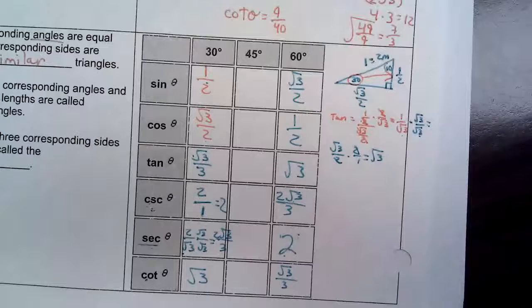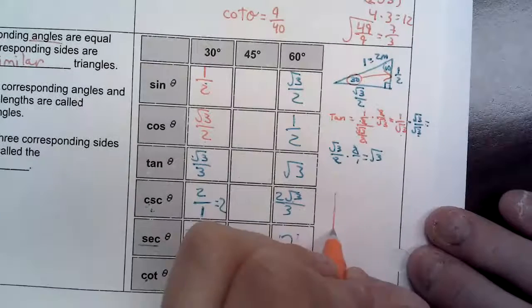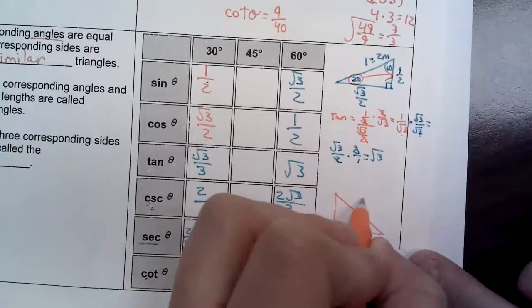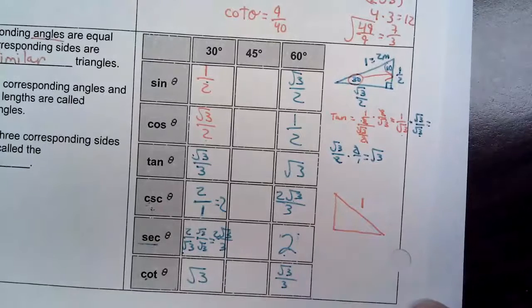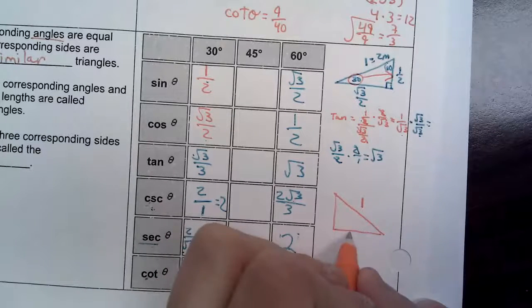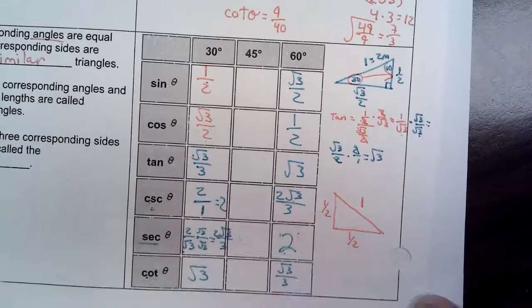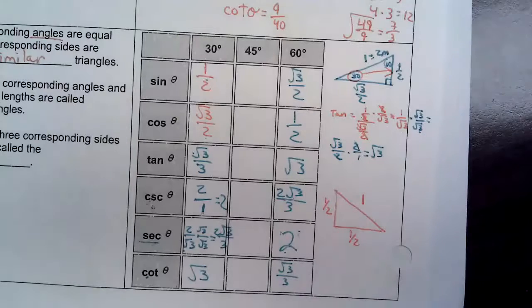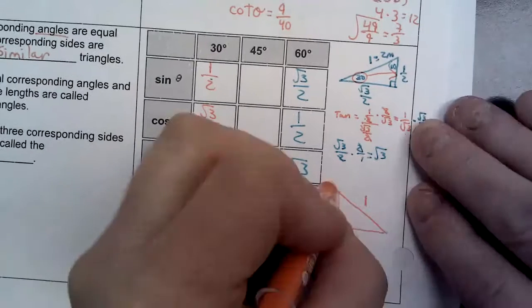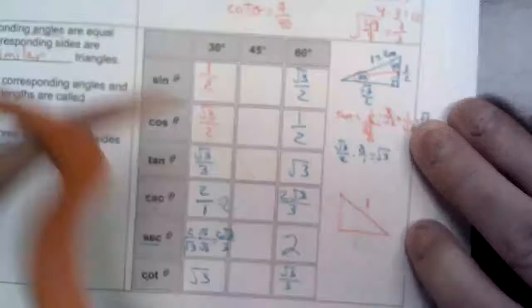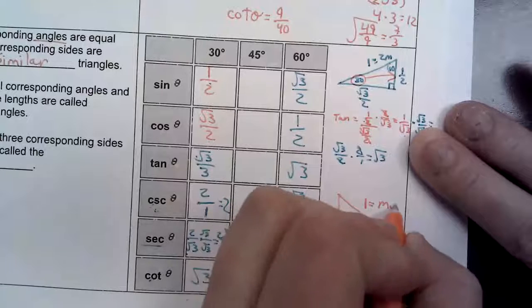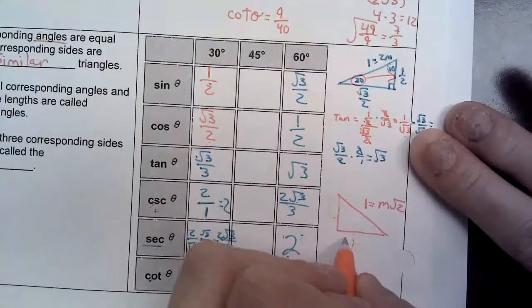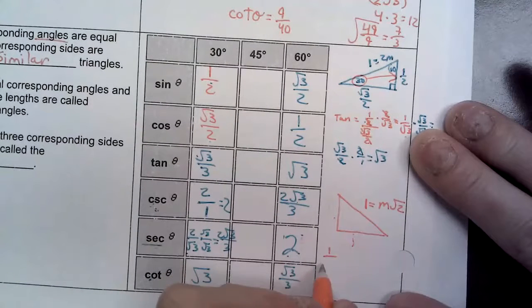Okay. All right, so now let's take a look at our 45, 45, 90 triangle. Same thing, so in a unit circle, our hypotenuse is 1. That means this side length is not 1/2. Okay, it's not divided by 2. That's 1 equals m times the square roots of 2. So that means that's going to be 1 divided by the square roots of 2 equals m.